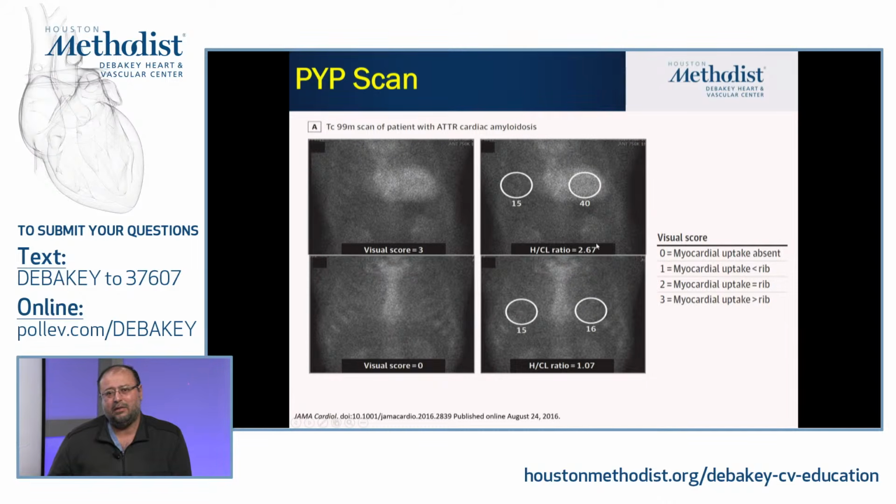And later on, to be more sophisticated, people started to draw an ROI, get the activity here, draw another ROI, and then get the ratio. And if the ratio is more than 1.5, it was suggested that this is going to be highly sensitive and specific for amyloidosis.